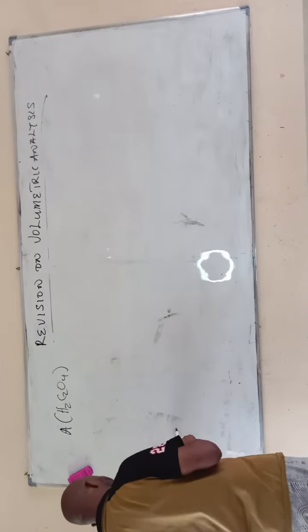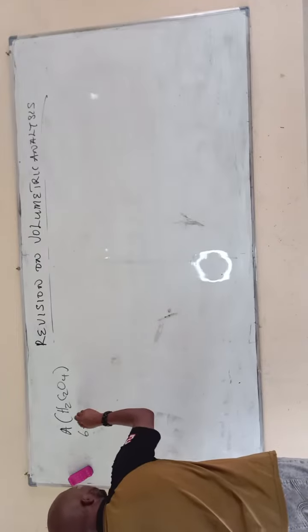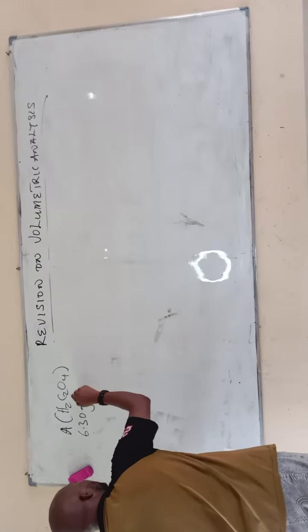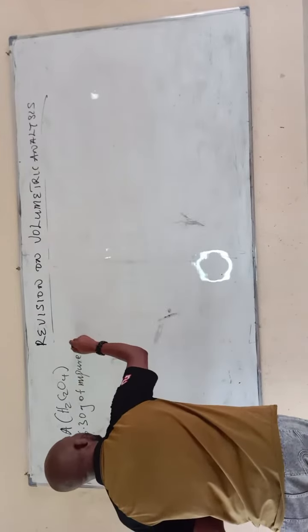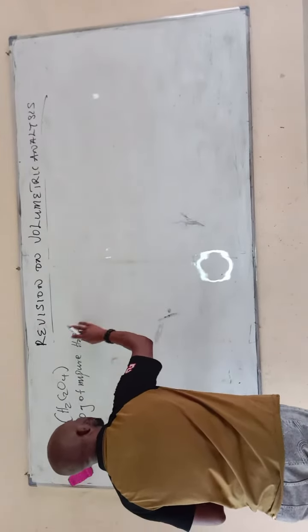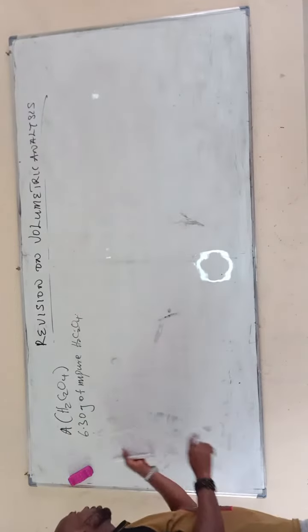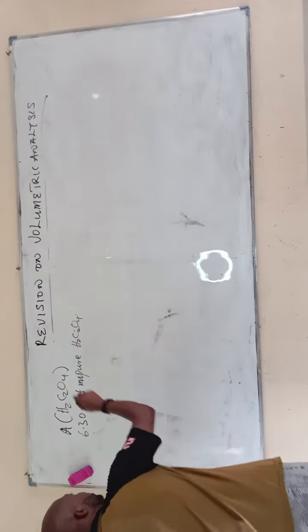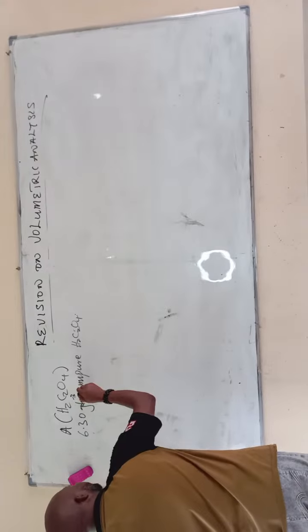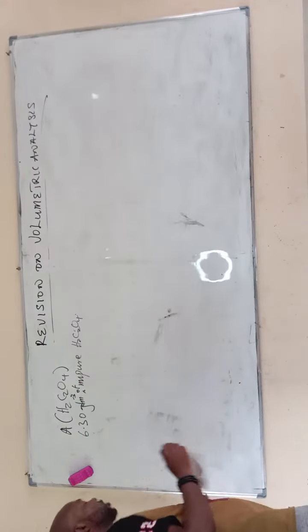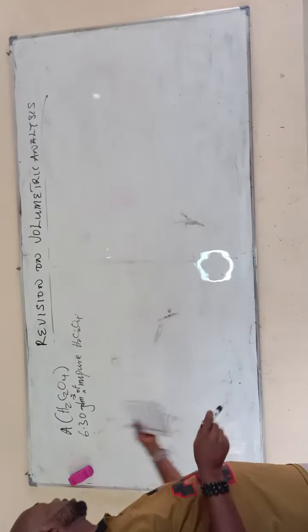We have 6.30 grams of impure H2C2O4. So the mass concentration of the impure ethanedioic acid is given to be 6.3.